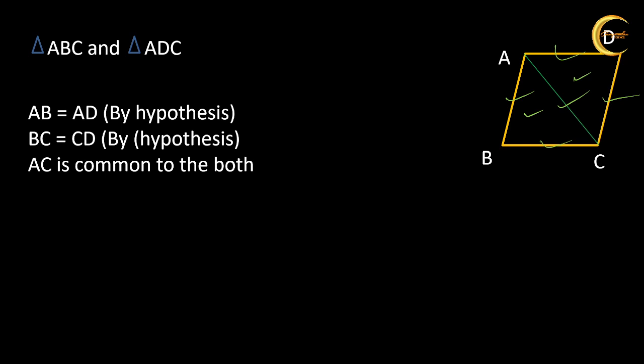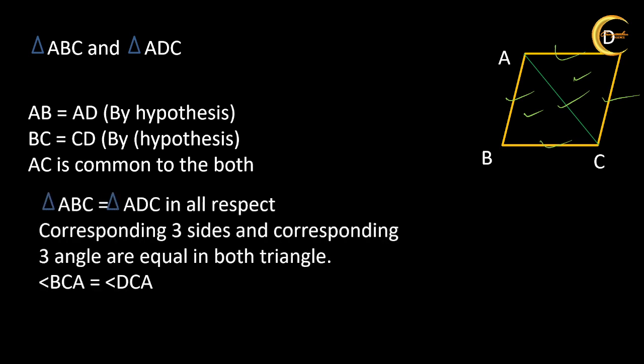So we can say these two triangles have corresponding three sides equal. So triangle ABC equals triangle ADC in all respects, and the corresponding three sides and three angles are equal in both triangles. So we can easily say this BCA angle is equal to this DCA angle.